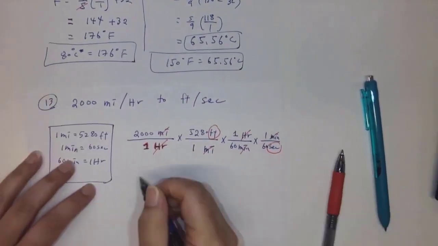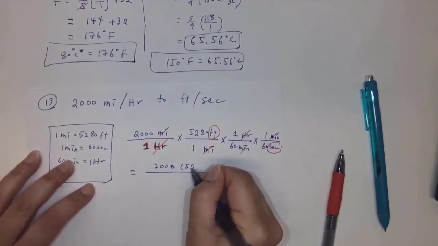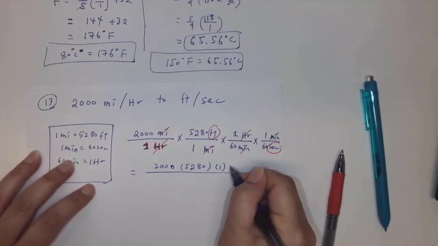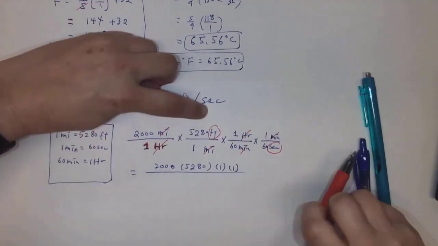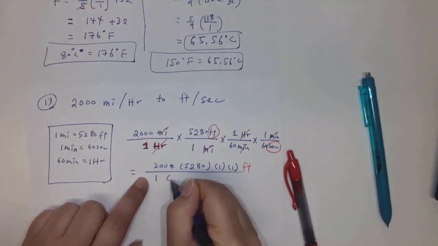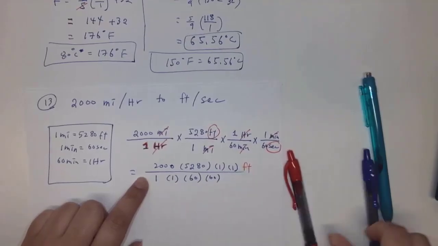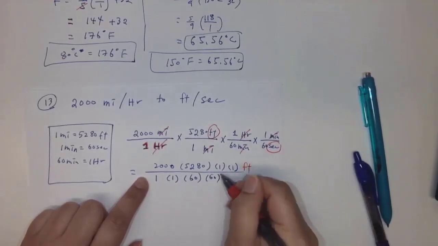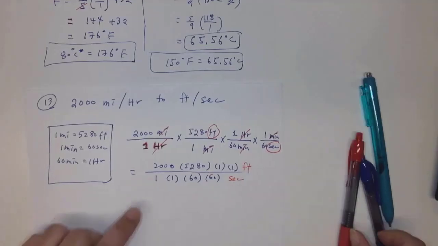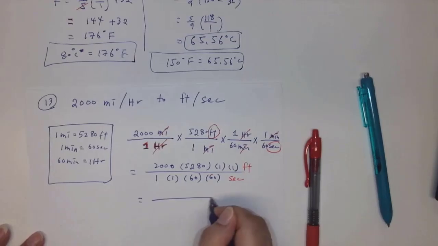So now on top we have 2,000, need to multiply by 5280 times 1 times 1, it will end up with feet, right? At the bottom I have 1 times 60 times 60, this will end up with seconds. So multiply the top, divide whatever is at the bottom for me, please.